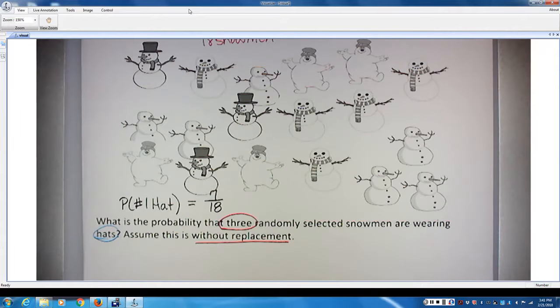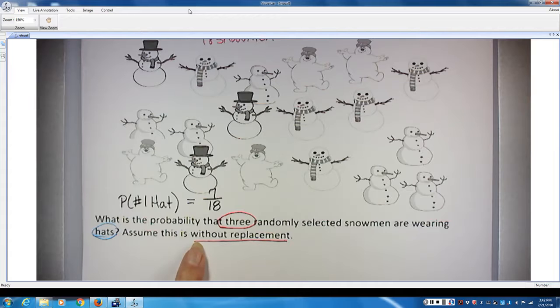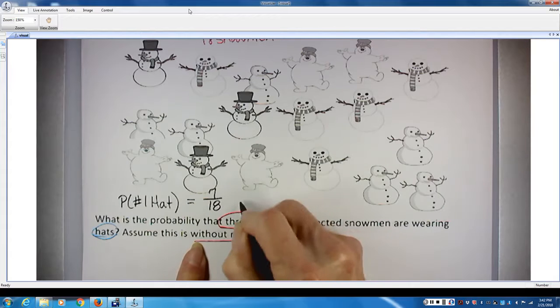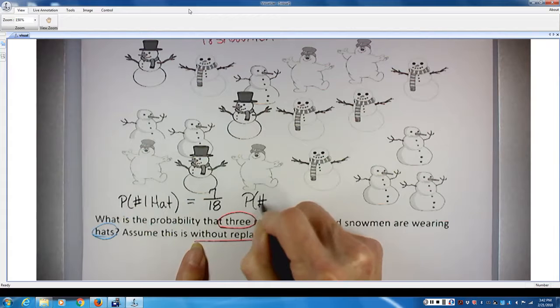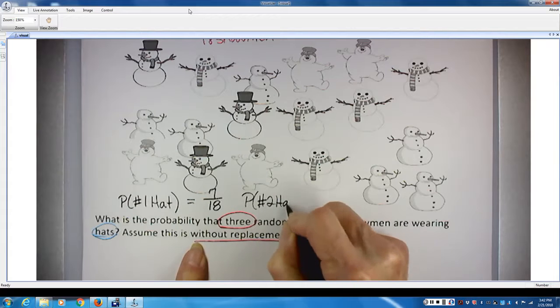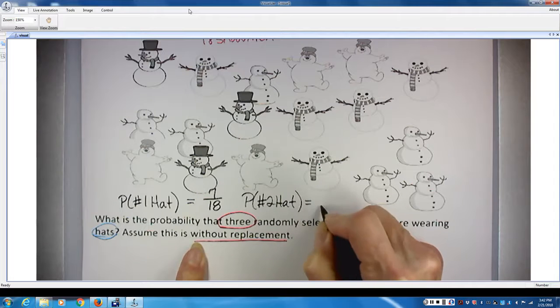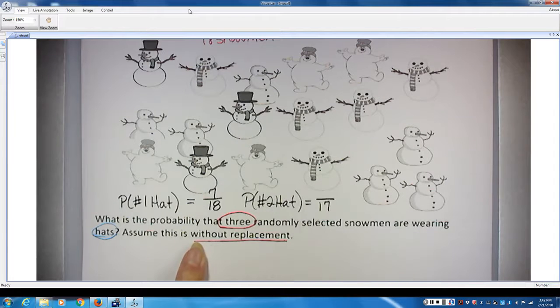Okay? Now, I'm not putting that snowman back in. How many snowmen are left? 17. How many of those 17 snowmen have hats? Only 6.